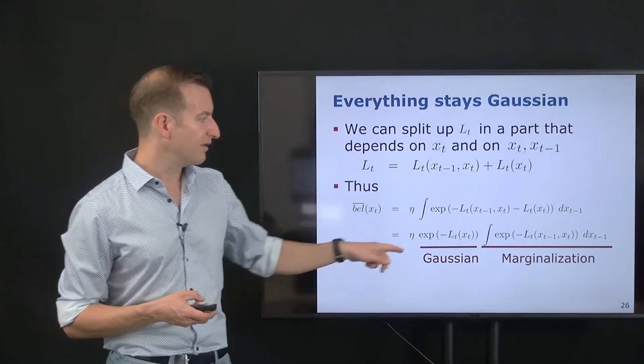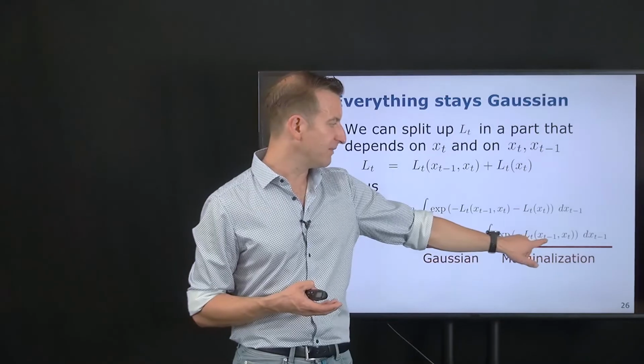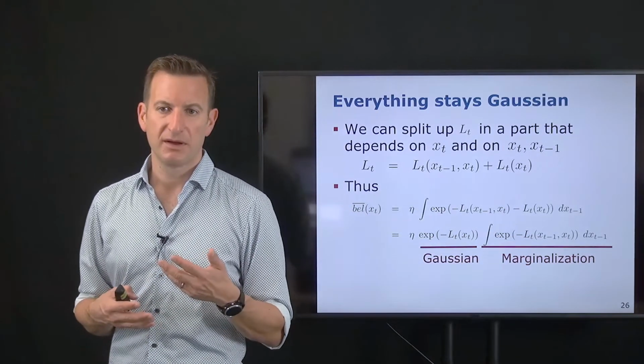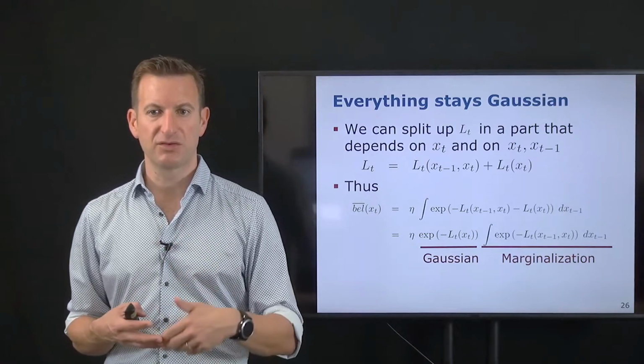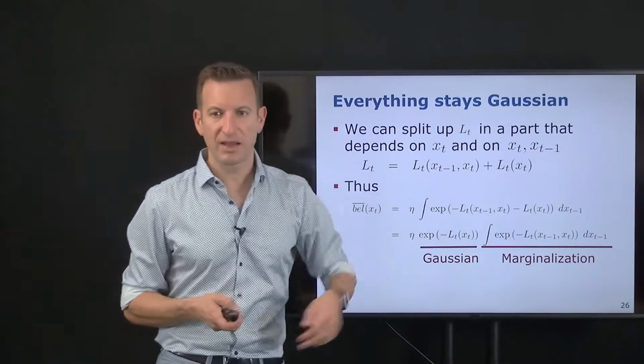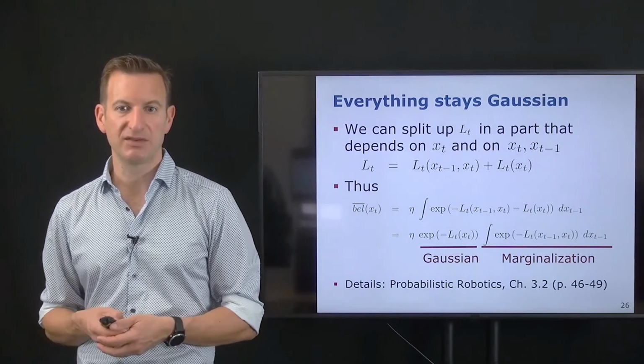And then this is basically a marginalization operation of the variable xt minus 1, also being a Gaussian, and the marginalization of a Gaussian distribution, as we said before, stays a Gaussian distribution. So this will turn the overall term into a product of two Gaussian distributions, which again is Gaussian.